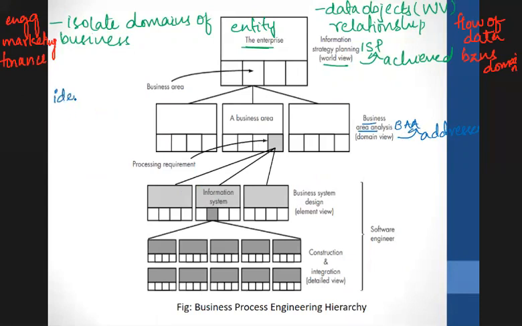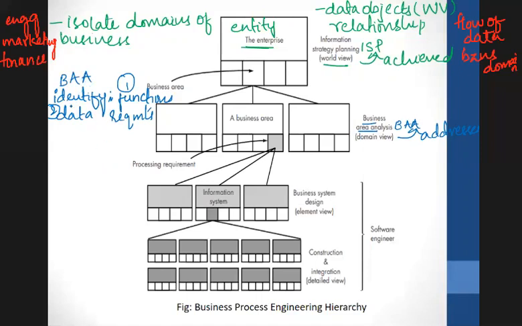BAA will identify the different functions and the different data requirements. That is, you're going to have functional and data requirements. Two things will be identified. The first one is functional requirements and the second one is data requirements. These are identified by the BAA.